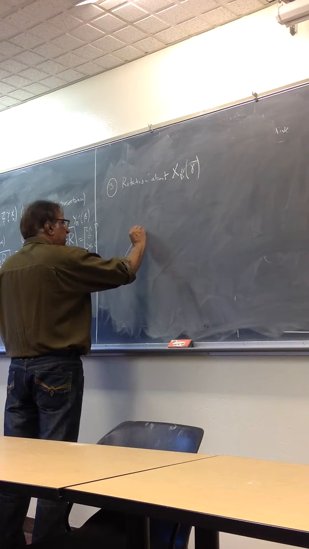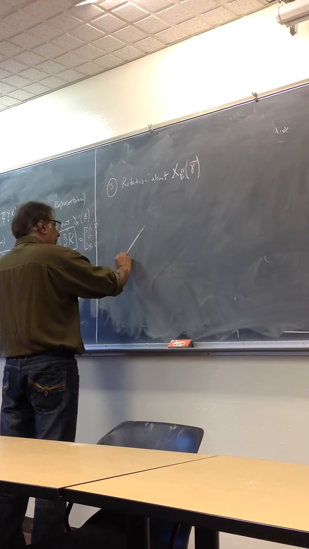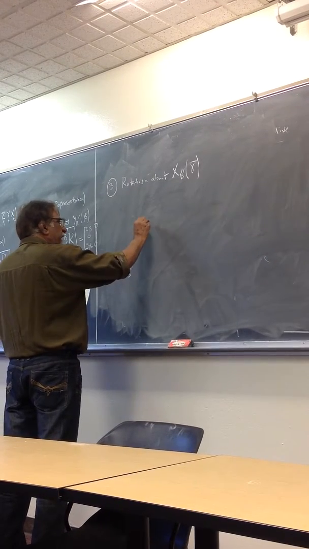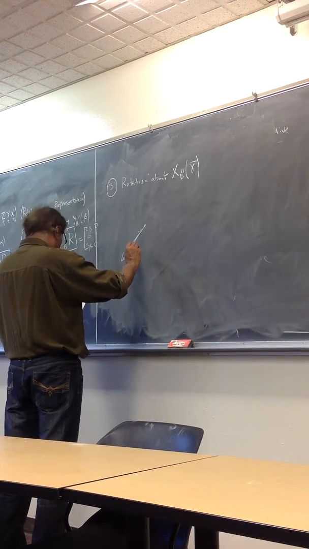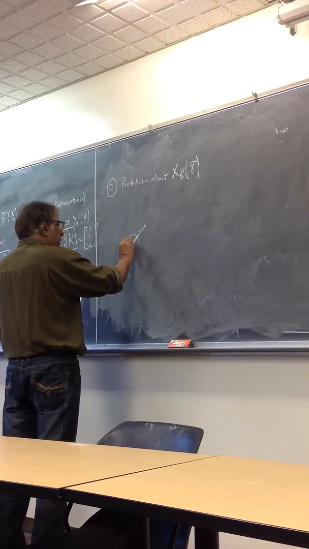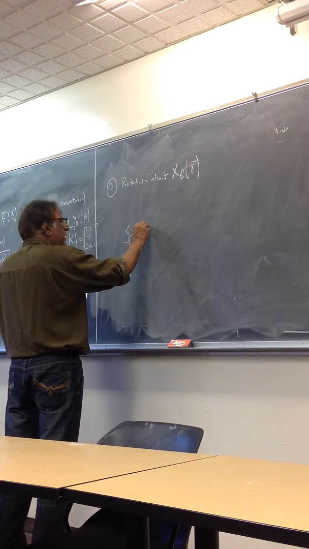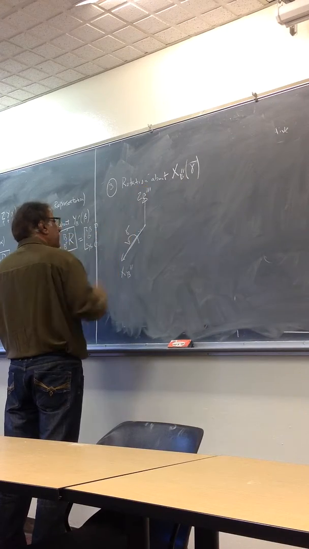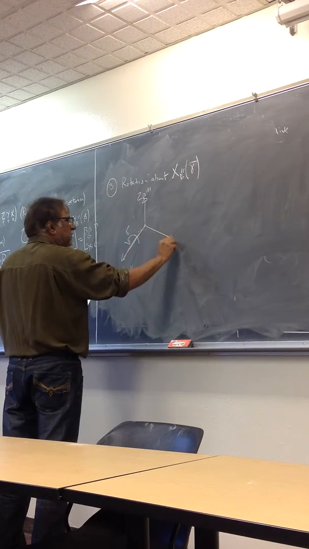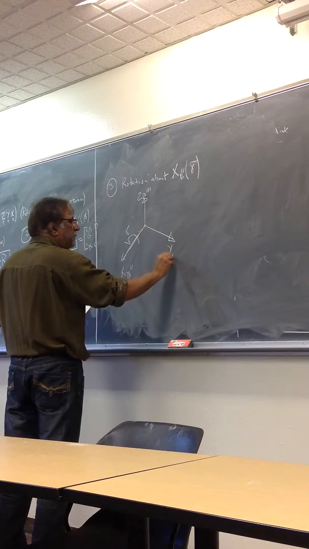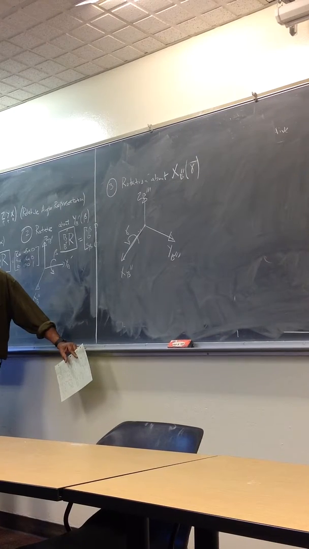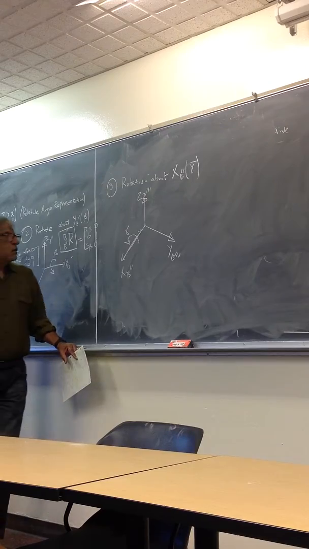So you have xb double prime, and when you rotate it by amount gamma, you get two new axes, zb triple prime and yb triple prime, right? Everybody with me on this?